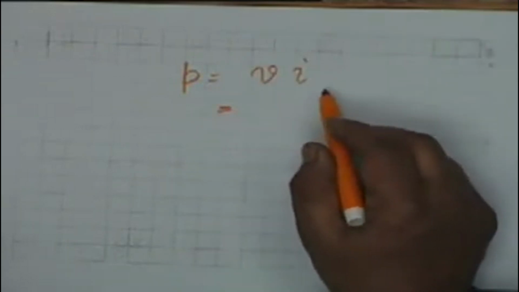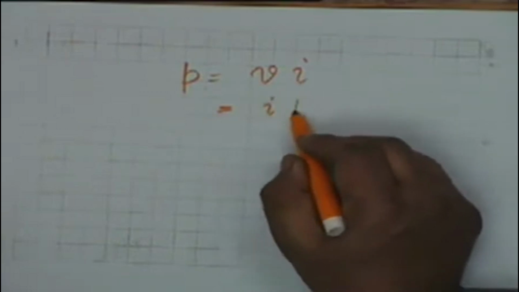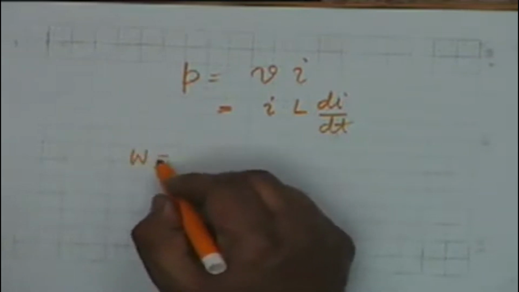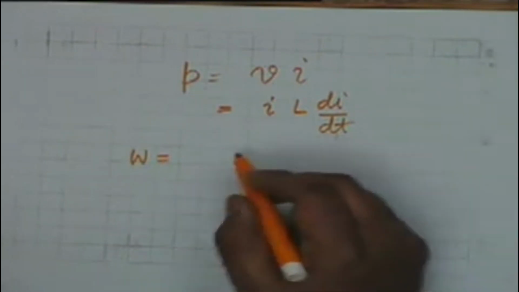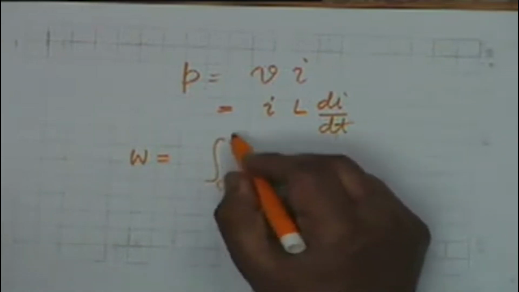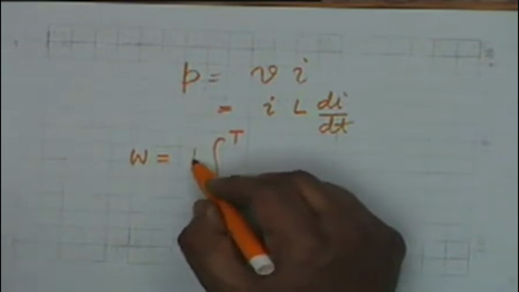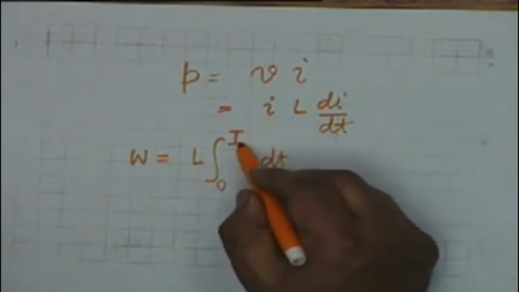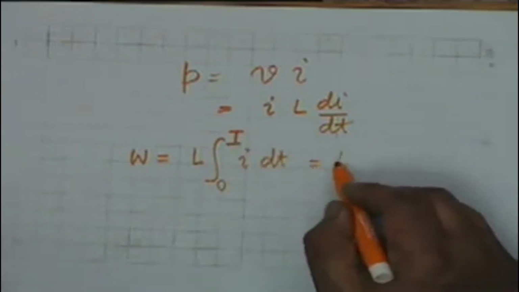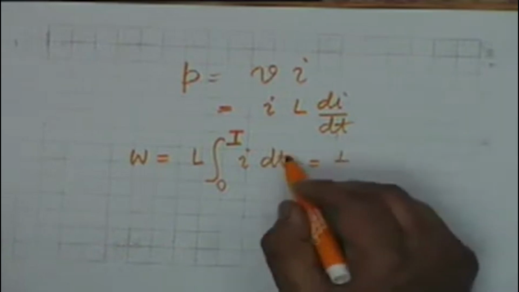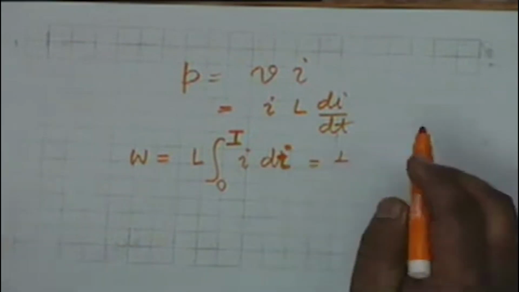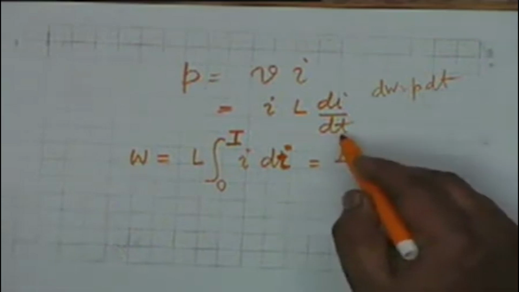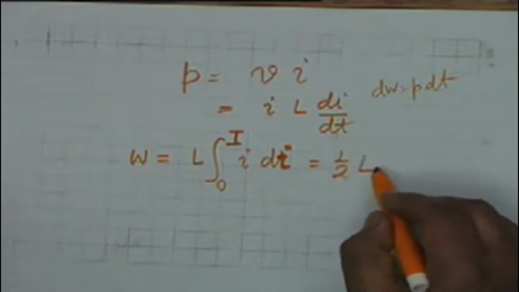Here also, if you write the power expression, it is VI, which is equal to I L di dt. Therefore the energy stored in the magnetic field is given by the integral of L I di, from 0 to capital I. I made a mistake earlier: dW is equal to P dt, so dt cancels, and what I get is half L I squared.